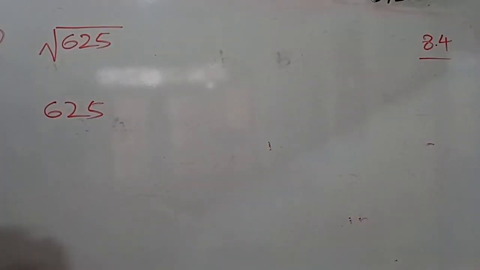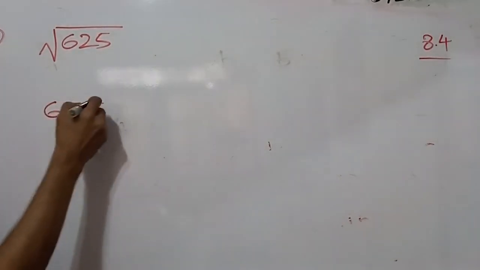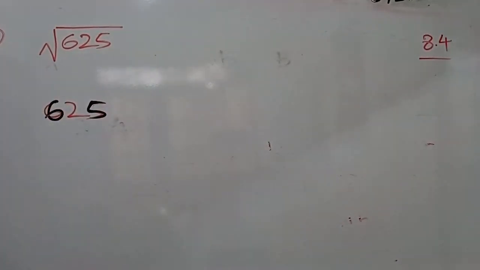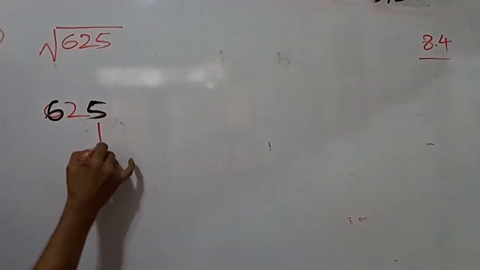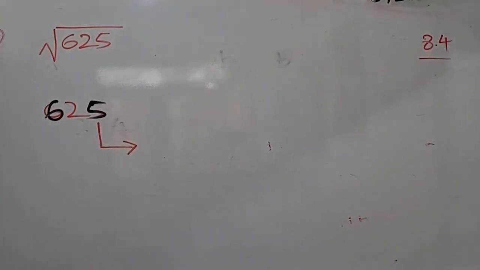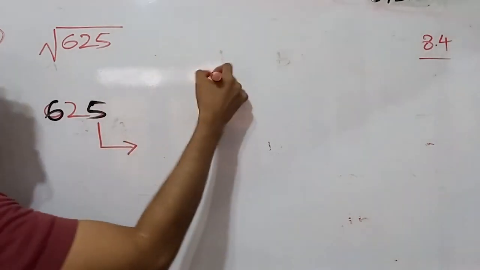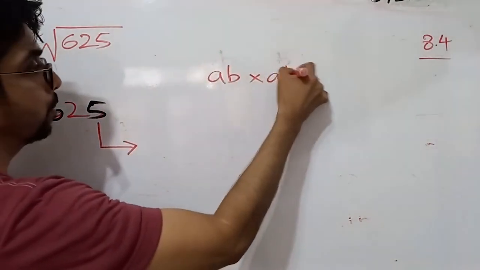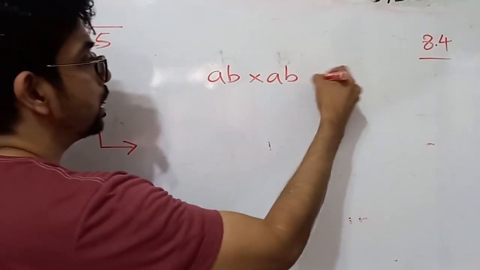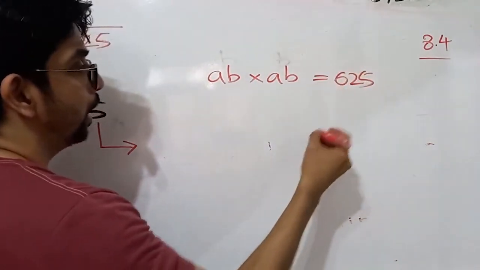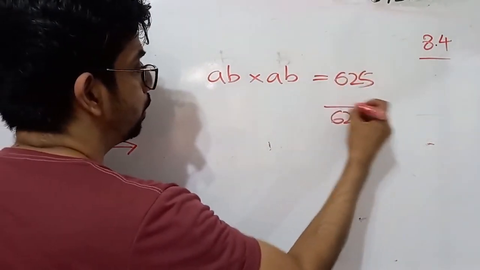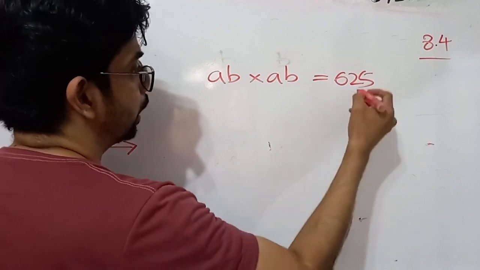So what are the digits that we need to concern ourselves with? 5 and 6. Here the digit on the ones place is 5. That means if we think about the square root of this number, just as before, AB into AB is 625.